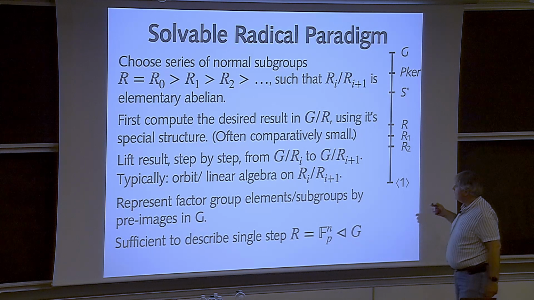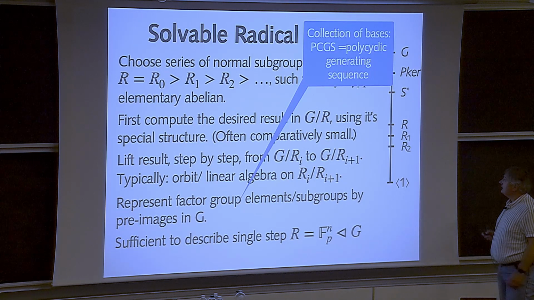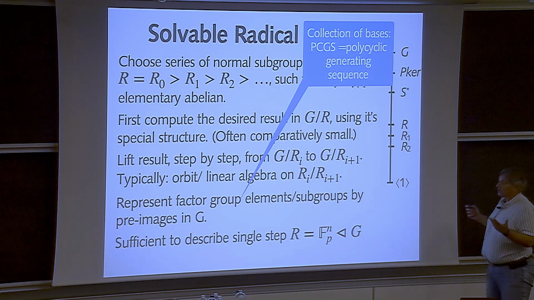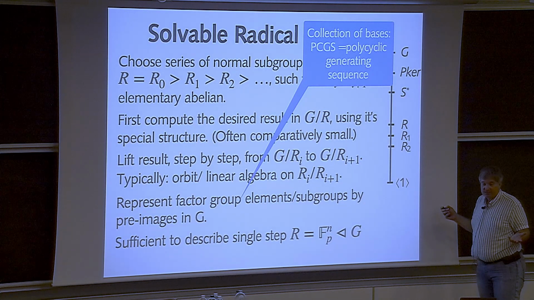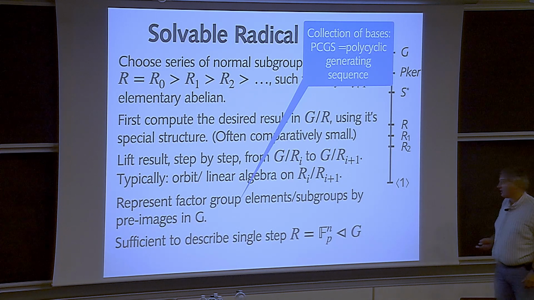What we need, of course, for linear algebra are bases. And a basis in this context, or the collection of bases, is a polycyclic generating sequence adapted to this series, polycyclic generating sequence in the same sense as in Bettina's talk. And I will call these PCGS just to be short.